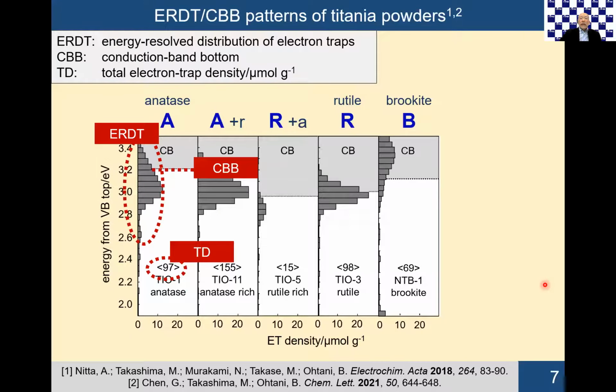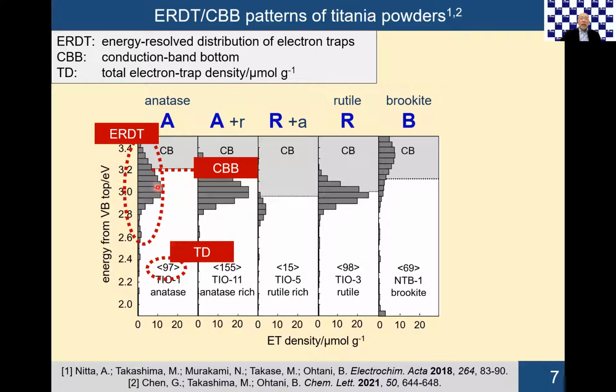And this is a representative titania sample. Later I will show other metal oxides. As you know, anatase, rutile, and brookite are the generally obtained crystalline structures.